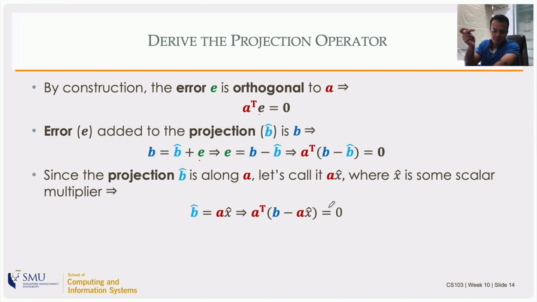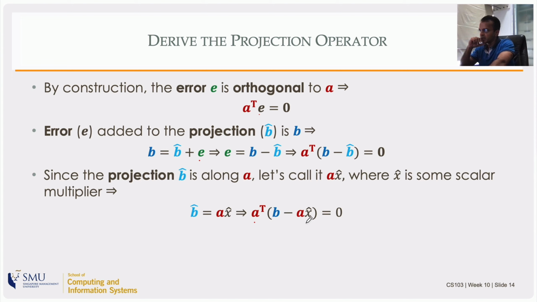I know this kind of sounds like I'm going around in circles. I'm just guiding you through a series of steps that will take me to the right answer very soon. What I'm saying is A transpose times an error vector is equal to 0, because A transpose is orthogonal to the error vector, and the error vector is the original vector that I want to project minus the projection.